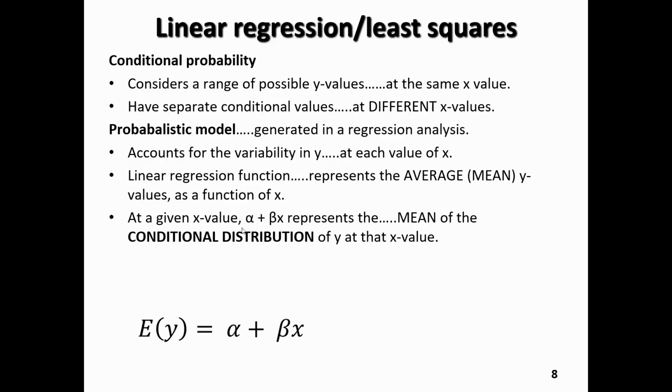So at a given x value, alpha plus beta x, this is the right-hand side of the equation, represents what's called the average or the mean of the conditional distribution of y at that x value.